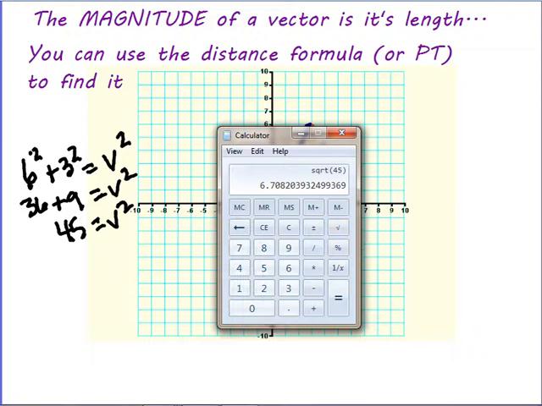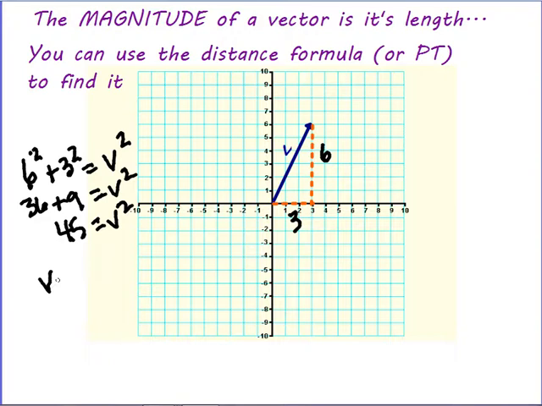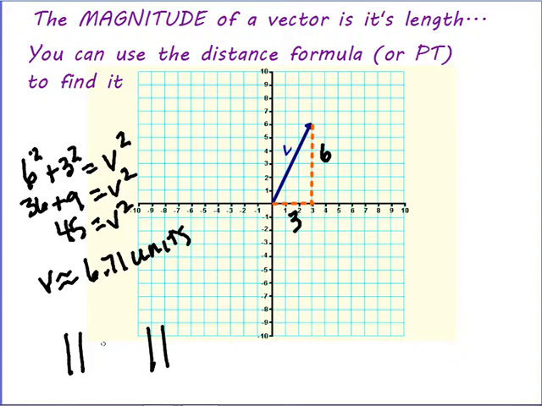Rounding to the nearest hundredth, that gives me 6.71. So I'm going to write that v is approximately 6.71 units. Now this is its magnitude, right? I actually write that with double brackets, and I say that the magnitude of vector v is 6.71 units.